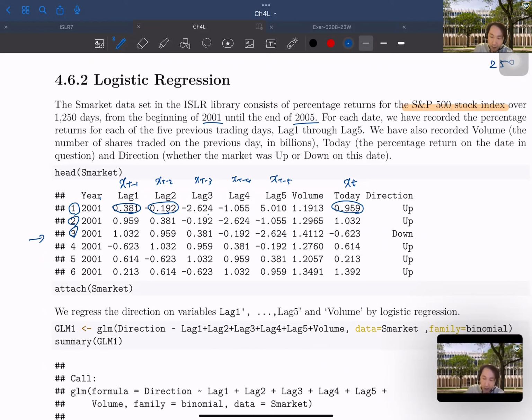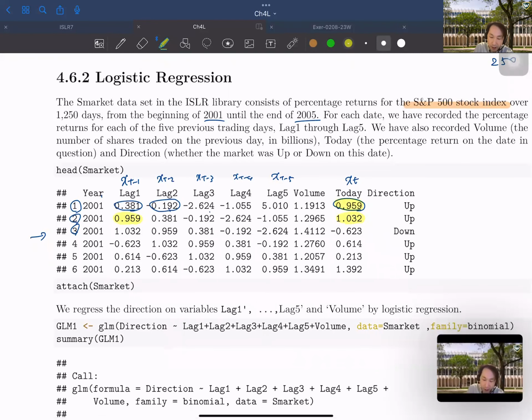If we see the next observation here, then actually the 0.959 is here, right? So the next day, today's return is the previous day's return. You can see these numbers are the same. And this is actually a pretty popular way to arrange time series data to be used for prediction.